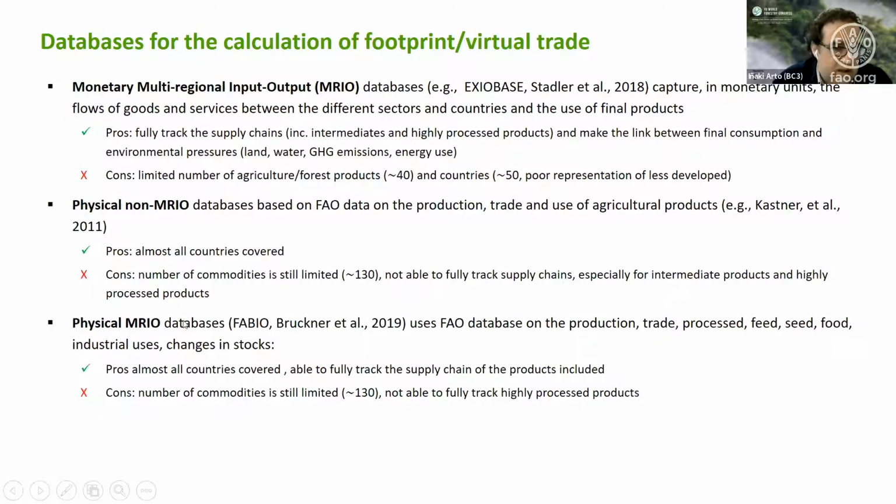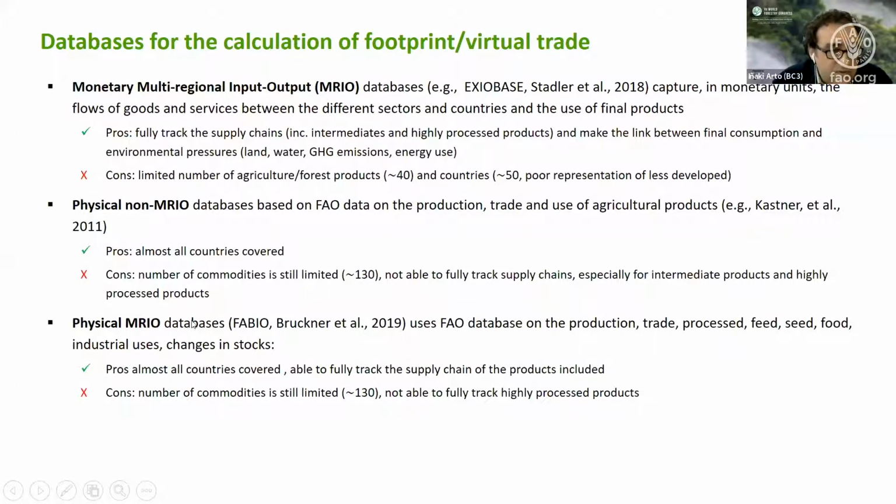So this physical multi-regional input-output database can be considered a step forward from the monetary and the physical non-multi-regional databases. They cover almost all the countries in the world, and they are able to fully track the supply chain of the products that are included in the database.